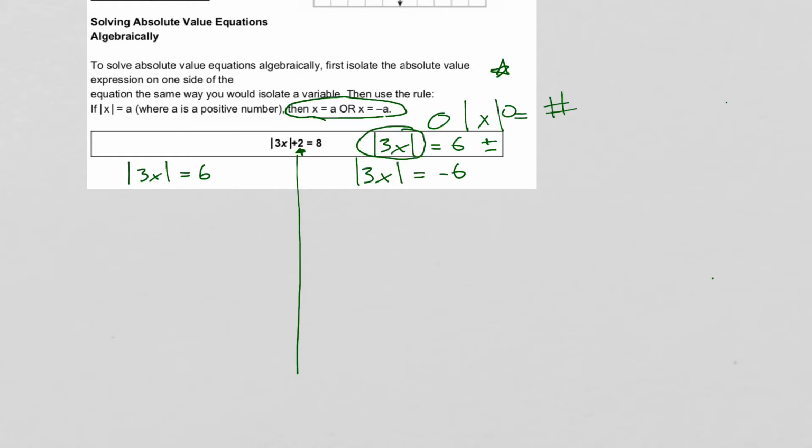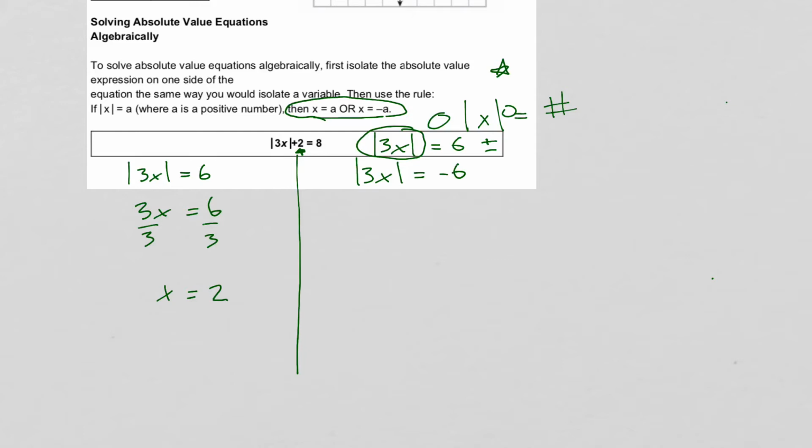Now from here, you simply solve for x, just like you would every other algebra problem you've seen so far. We drop the brackets, and then if it's multiplied by 3, we divide by 3. So in this section, x is equal to 2.